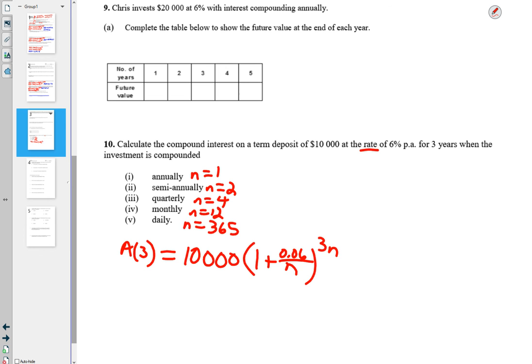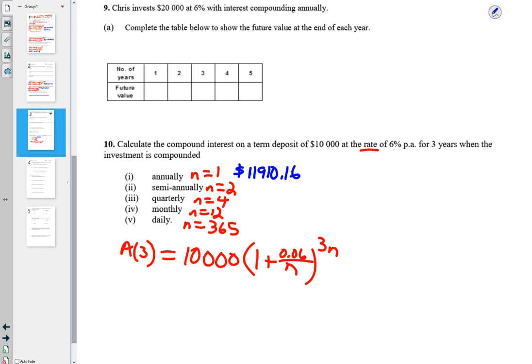If you're good with the calculator, I'm just going to give you the answers, and then you can go try to do these on your own, because I can do these pretty fast. 10,000 times 1.06 to the power of 3. If we compound annually, that 10,000 is turning into 11,910.16.